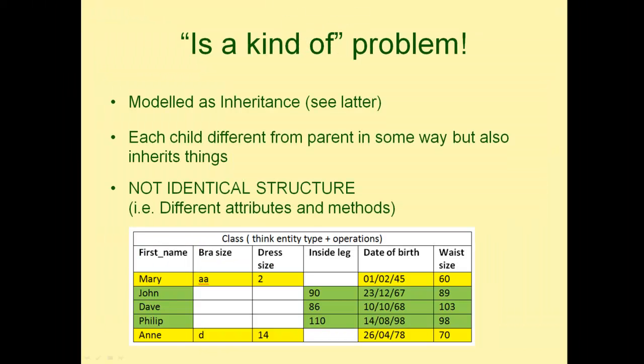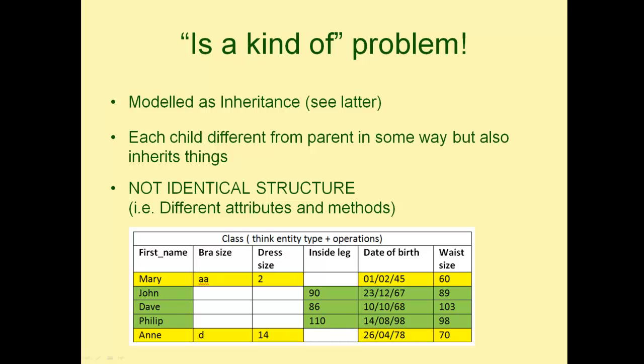Right, people often get confused about the instance and class differences with a kind of problem. You might say a male is a kind of human being, and that is different from saying a male is an instance of human being. And why is that? Well, there are subtle differences, and it's to do with structure.